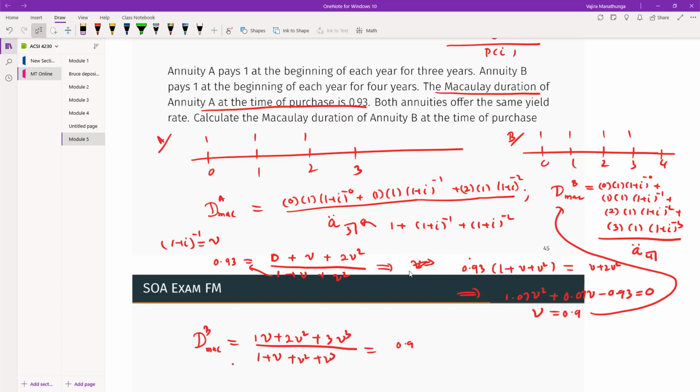So this is 0.9 plus 2 times 0.9 squared plus 3 times 0.9 cubed, and then divide by 1 plus 0.9 plus 0.9 squared plus 0.9 to the 3. And then you would get the answer as 1.369. So that's the end of this video, and we will meet again in the next video.